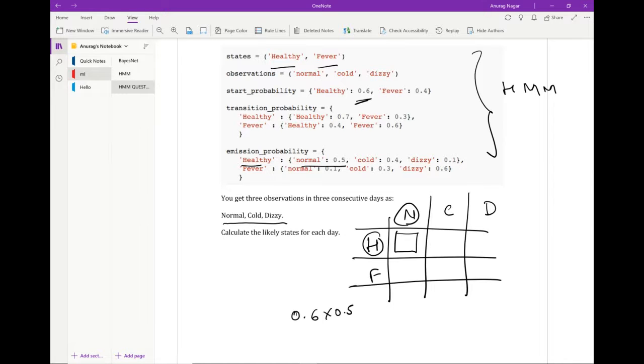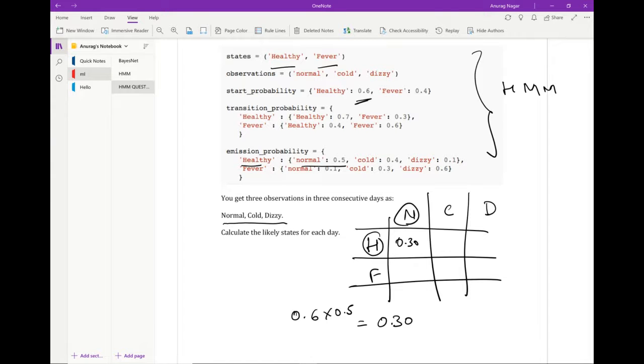Is that right? Or 0.03? It is 0.30. So the value here is 0.30.